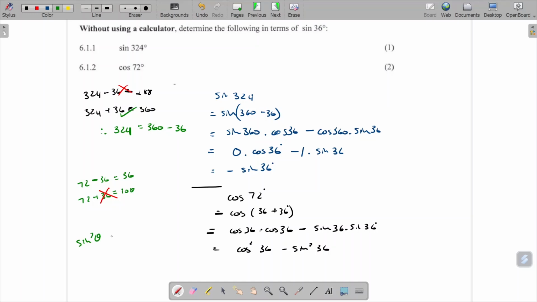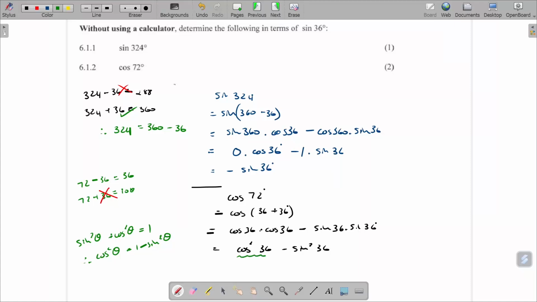And at this point in time, I'm going to get a little bit stuck until I remember a law which said that sine squared of theta plus cos squared of theta equals 1. Therefore, cos squared of theta equals 1 minus sine squared of theta.